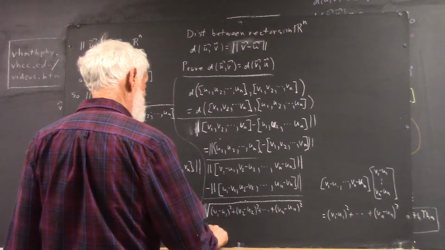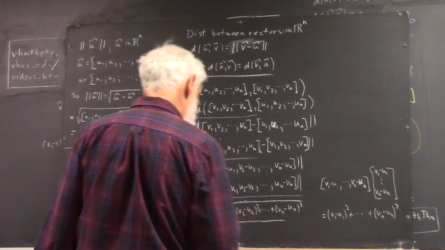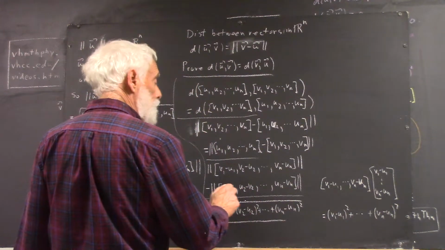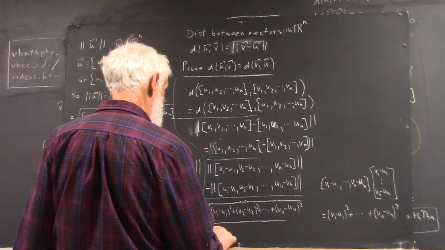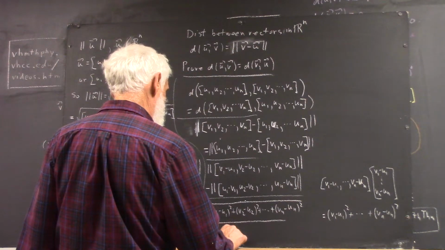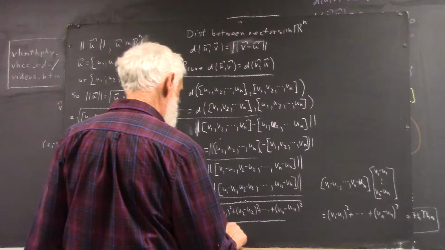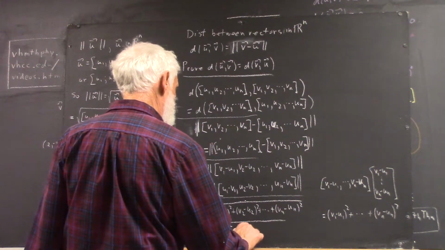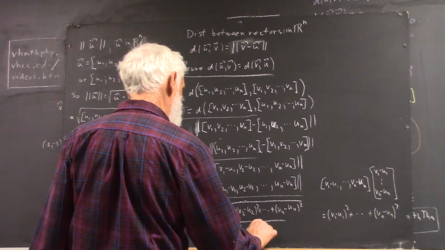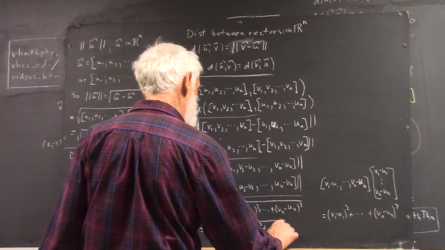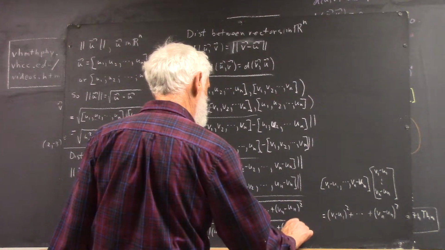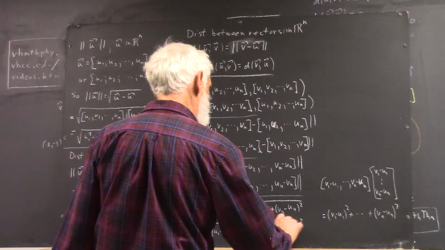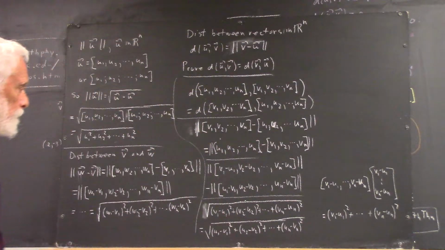Now, if I do the same thing with this side, what do I get? Well, it's U1 minus V1. And if I write it out this way, it should be obvious what we get. It should be this.